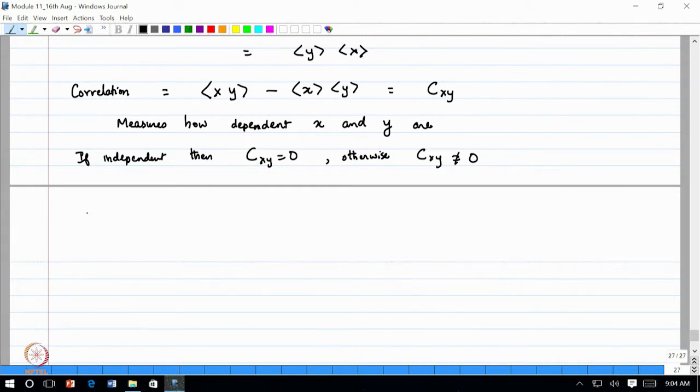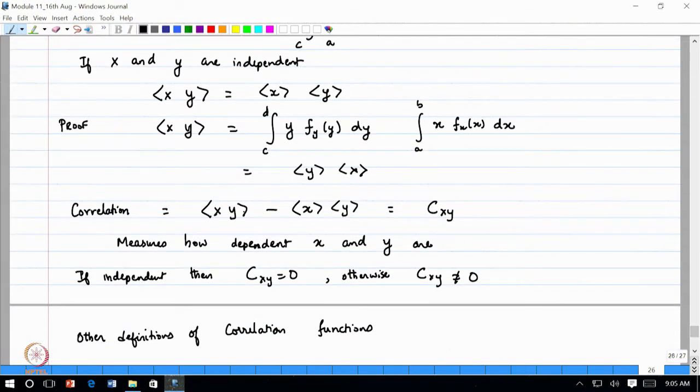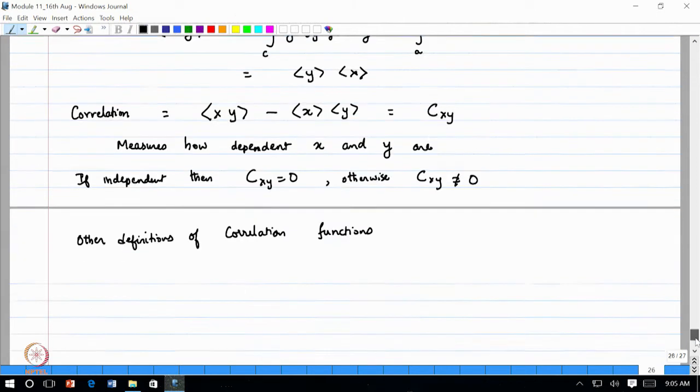Sometimes other definitions of correlation functions are used. So, sometimes just this is called the correlation function. Sometimes you take this and subtract the average, that is called the correlation function.